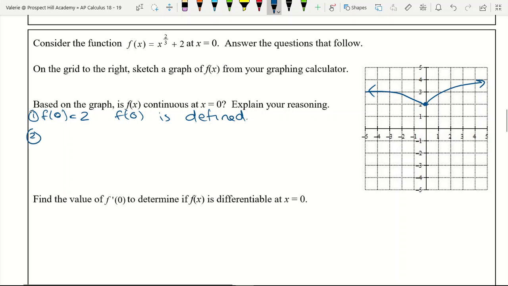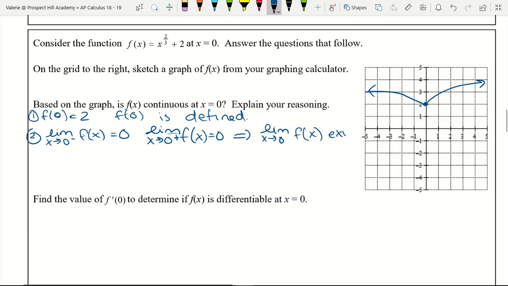Second thing we want to check is the limit. So the limit as x approaches 0 from the left of f of x equals 0, and the limit as x approaches 0 from the right of f of x is equal to 0. So the limit as x approaches 0 of f of x exists. And then the third thing we want to check is, does the point equal the limit?